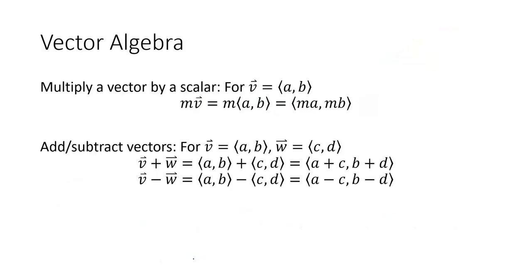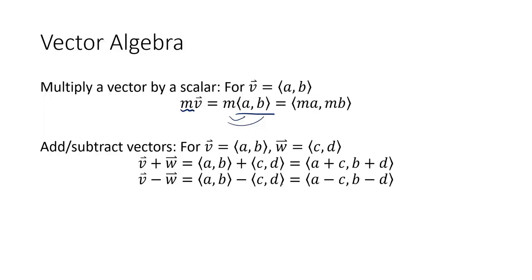Okay? Now, for vectors, we can actually multiply a vector with a number and also add or subtract our vectors. So here, if we have a number m, we're multiplying it with a vector. All we need to do is to multiply the number into each component, right? It's pretty simple. For adding and subtracting vectors, it's the same thing.